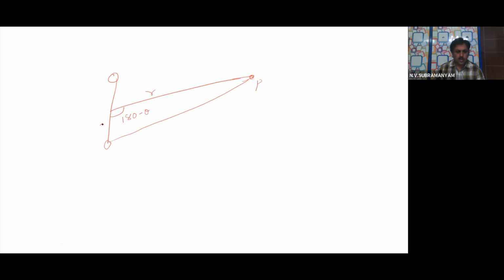R, A and this is R2. Okay, so R2 square is equal to R square plus A square minus 2AR, as per the original formula, cos 180 minus theta. This cos 180 minus theta is minus cos theta. So minus of minus will become plus.